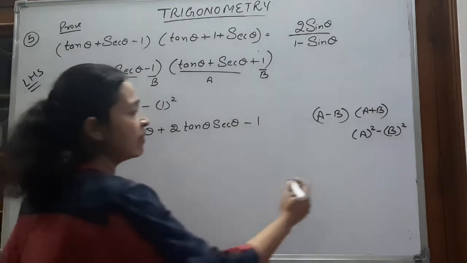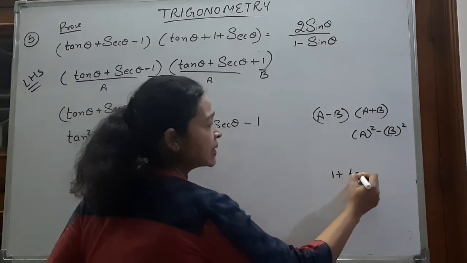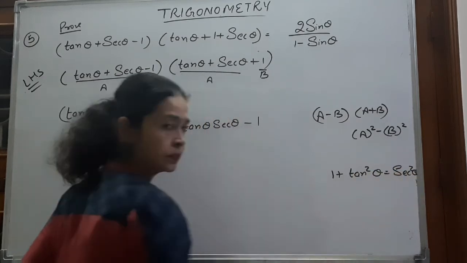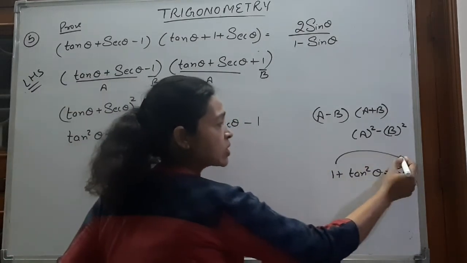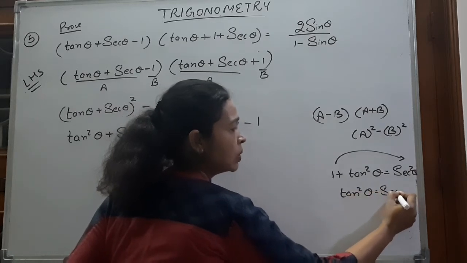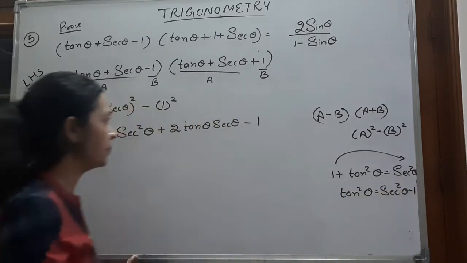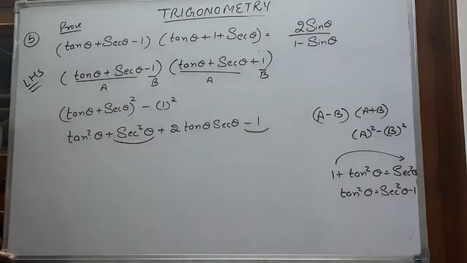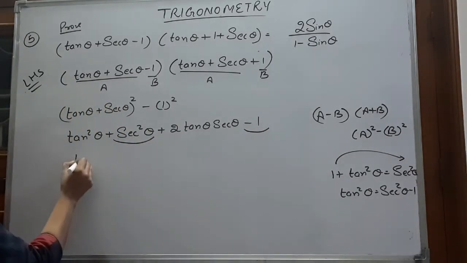Now, we have an identity 1 plus tan square theta as sec square theta. And what is sec square theta minus 1? Tan square theta is equals to sec square theta minus 1. If we take this sec square theta minus 1, what will we get? Tan square theta.